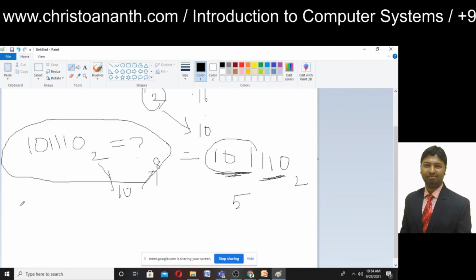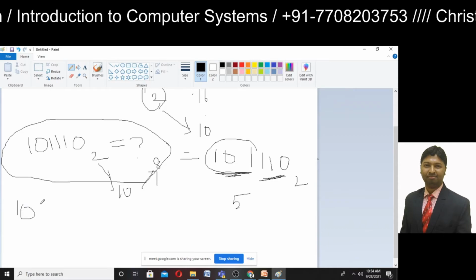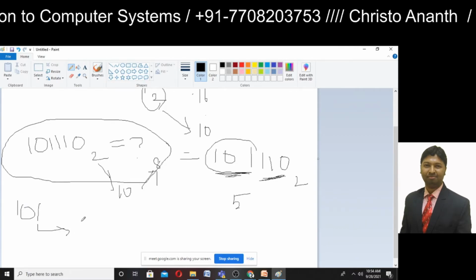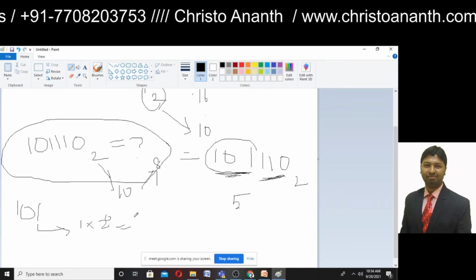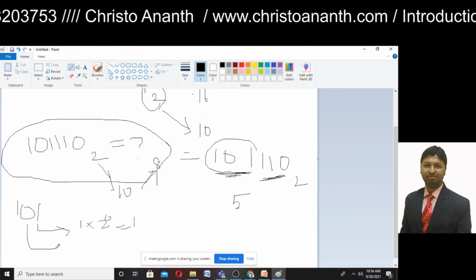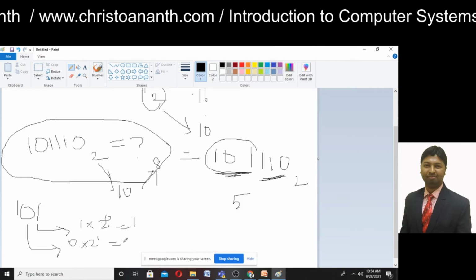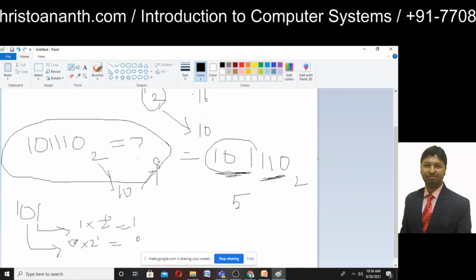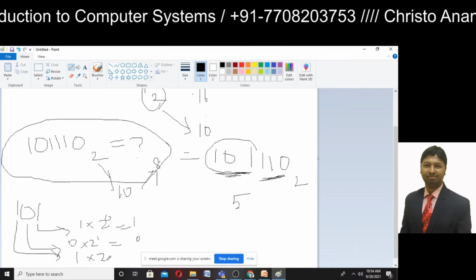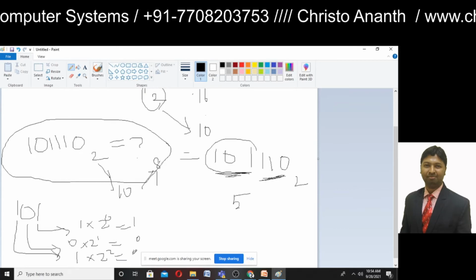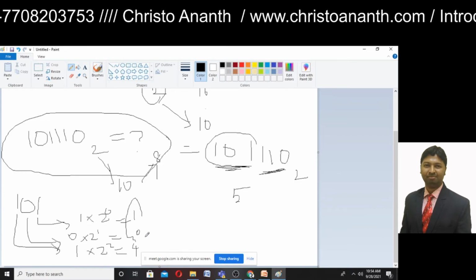It's very simple. 101 is 1 into 2 power 0, which is 1. 0 into 2 power 1 is 0. 1 into 2 power 2 is 4. 1 plus 4 is 5.